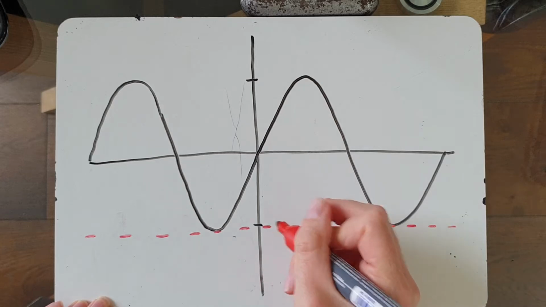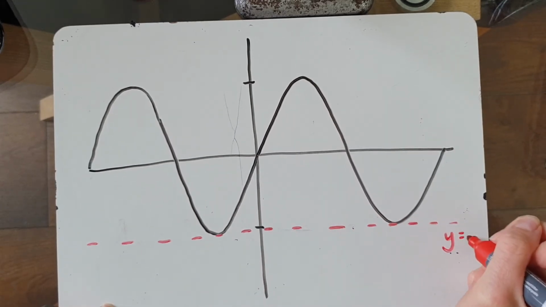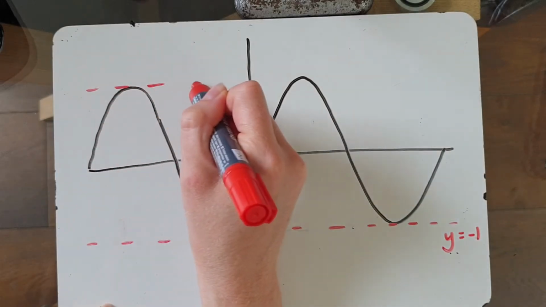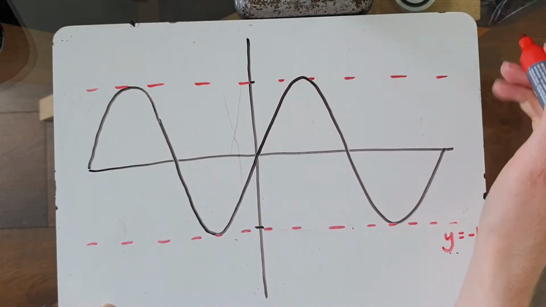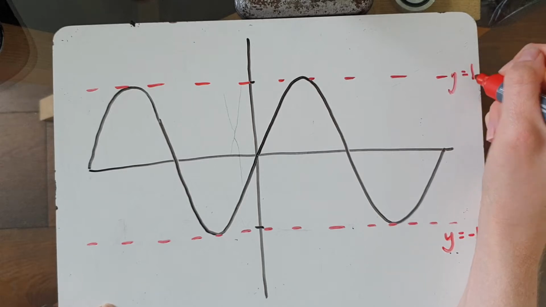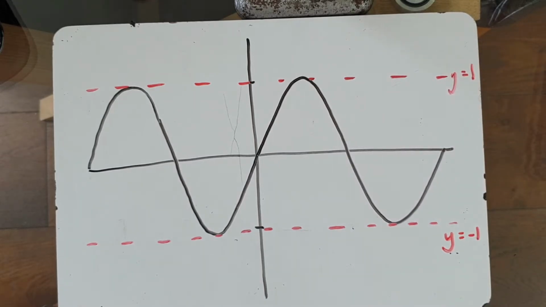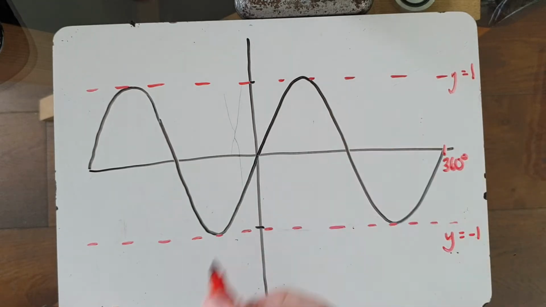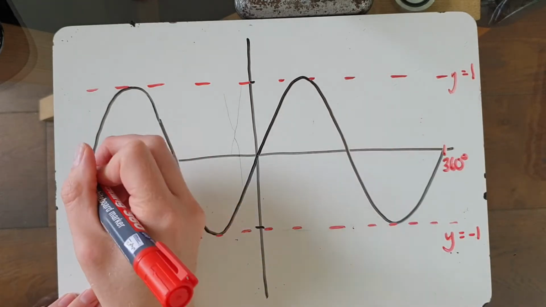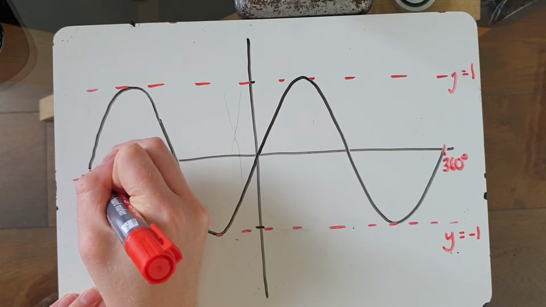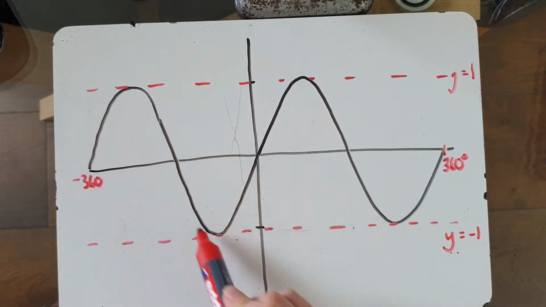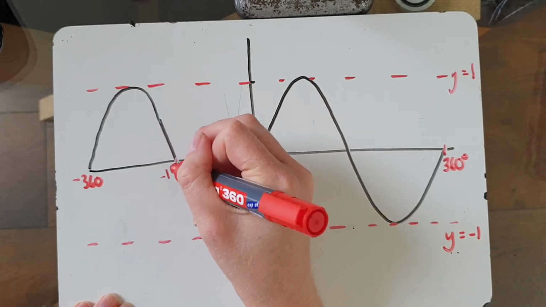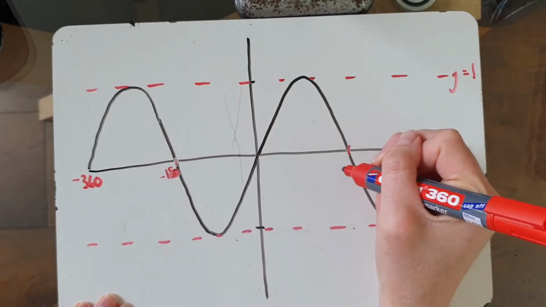Okay, so important information to record is that this minimum value it can take here is y equals -1, and this maximum value it can take here is y equals +1. This is 360 degrees. This is negative 360 degrees. And this is a regular wave, so this is negative 180 and this is positive 180.